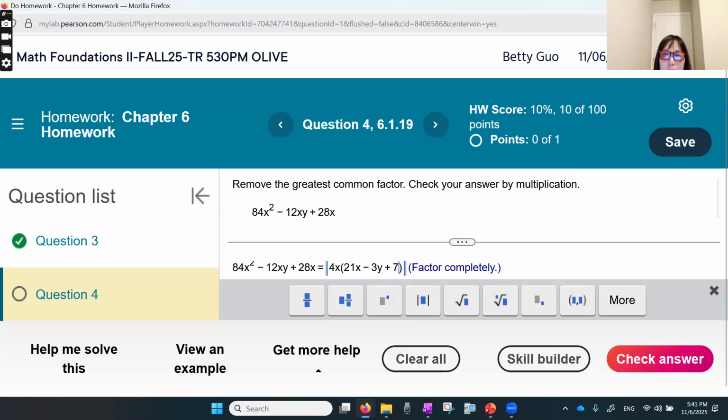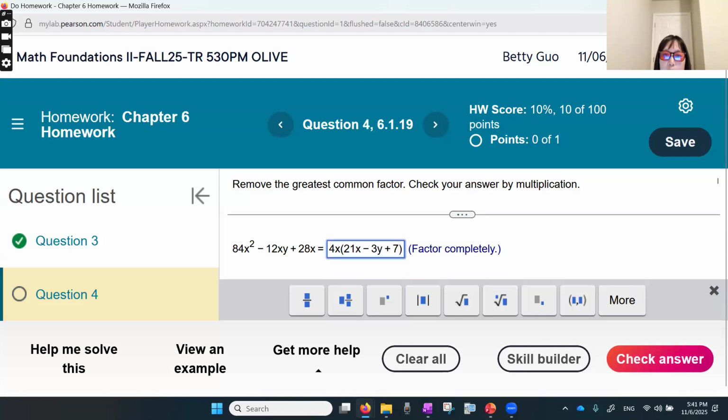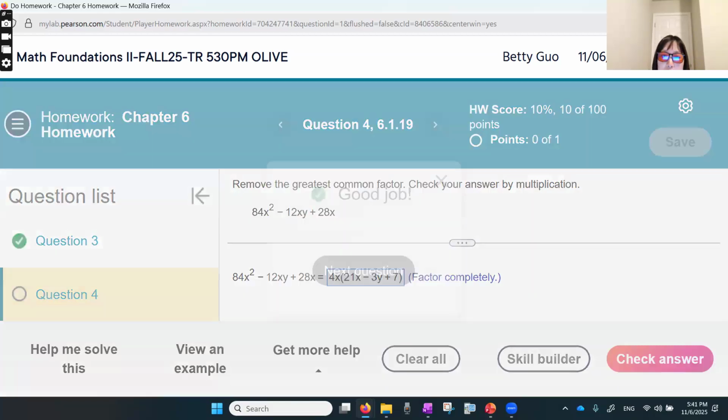If you are not sure, double check. 4x times 21x is 84x squared. 4x times 3y is 12xy. 4x times 7 is 28x, right? I go back to the original given trinomial, so that's correct.